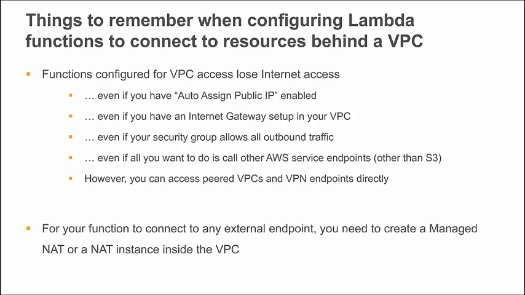Enabling this VPC configuration is not adding to your security, it's only allowing you to connect to private resources. So if you don't need to connect to private resources, you can run Lambda functions without the VPC mode. This setting is to be done only if you have to talk to both private and public endpoints in the same Lambda function. As we saw, if you want to connect both to a private Elasticache node as well as a public DynamoDB table in the same function, that's only when you need to create this Lambda function inside this VPC.